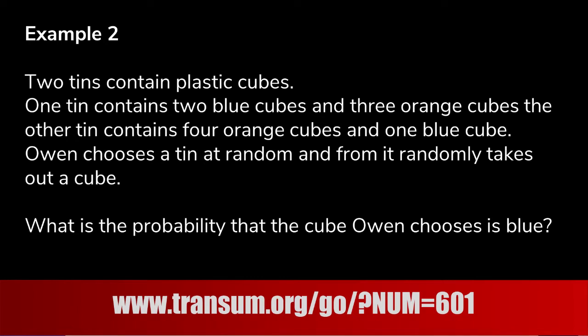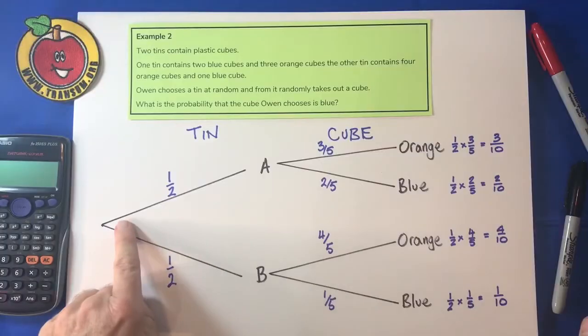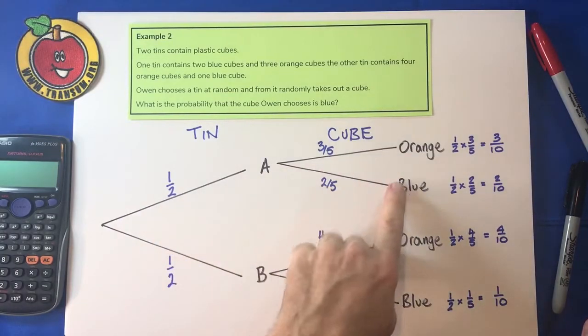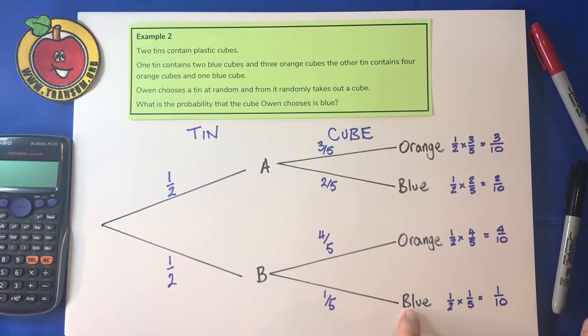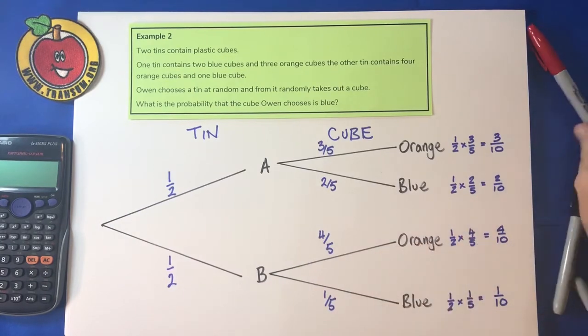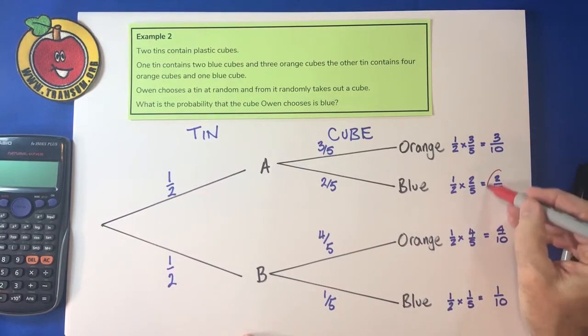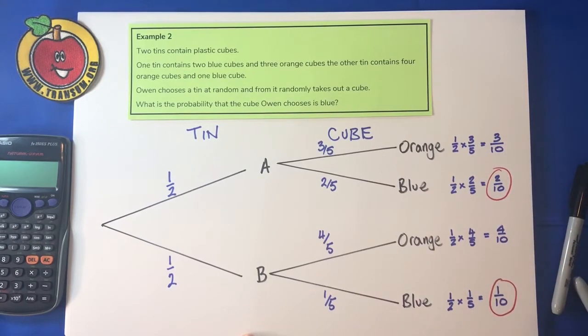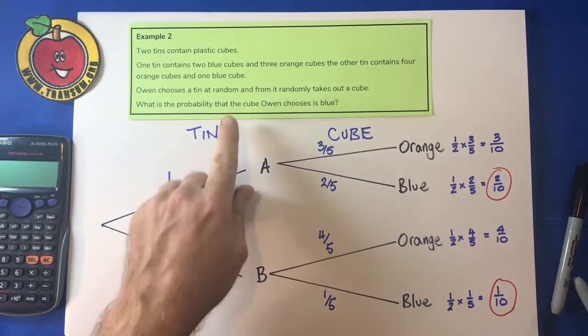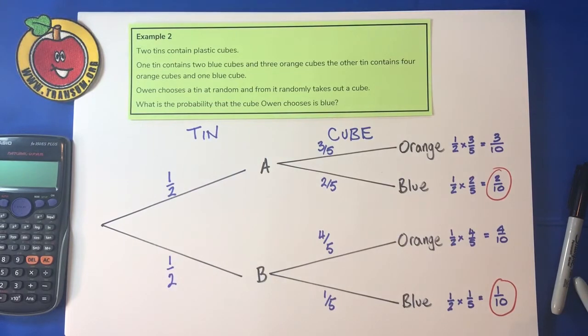Well, there are 2 situations where he could choose a blue cube, either a blue cube from tin A or a blue cube from tin B. So it's going to be these 2 numbers here added together. 2/10 and 1/10, the answer is 3/10. So the answer to that question is 3/10, or 0.3, or 30%. That's the probability that he will choose a blue cube.